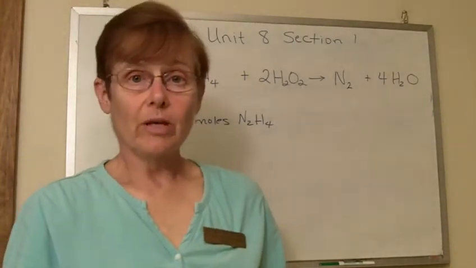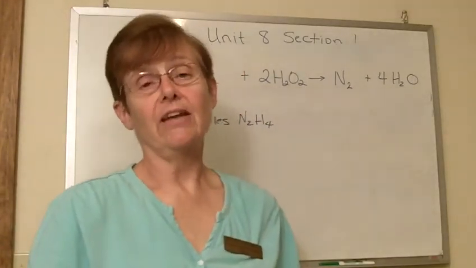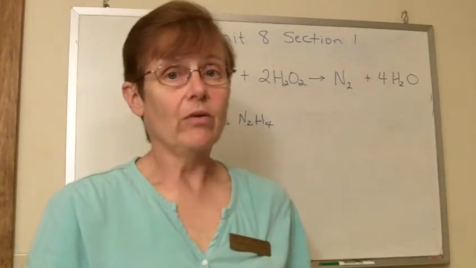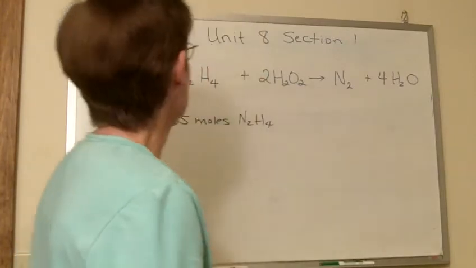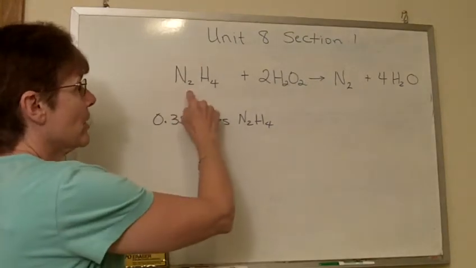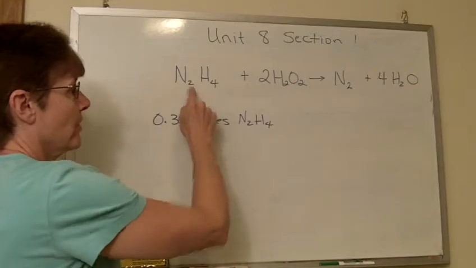We should also be able to figure out how many moles of each of these products we could get if they did that reaction, just by looking at the ratio of individual particles. So for example, we can see that these are in a ratio of 1 to 2. It takes two of these to react with one of these.